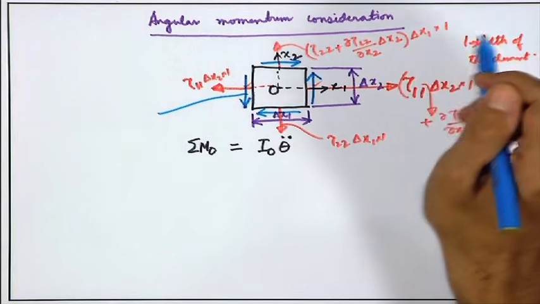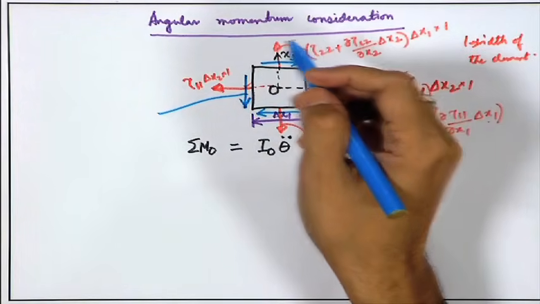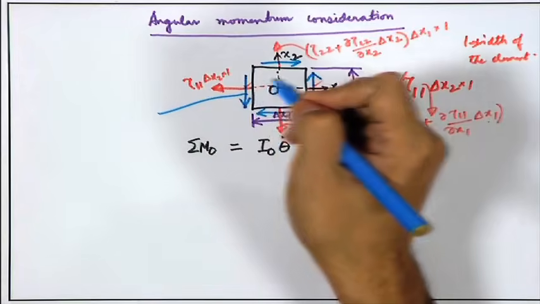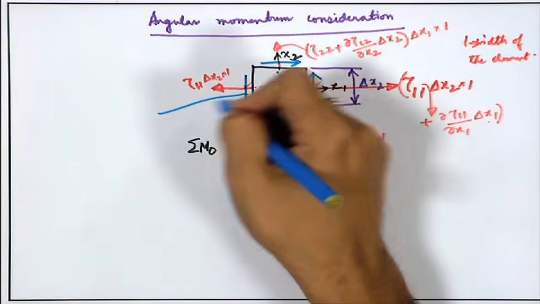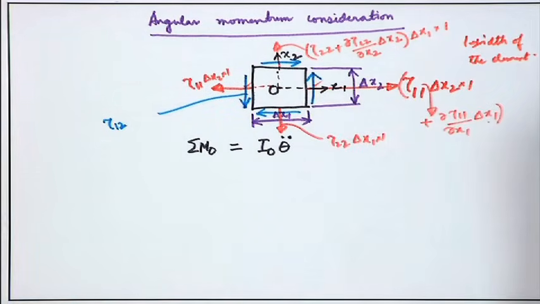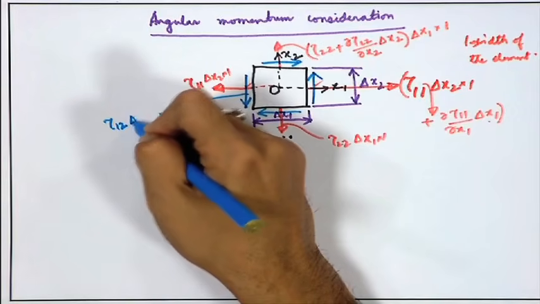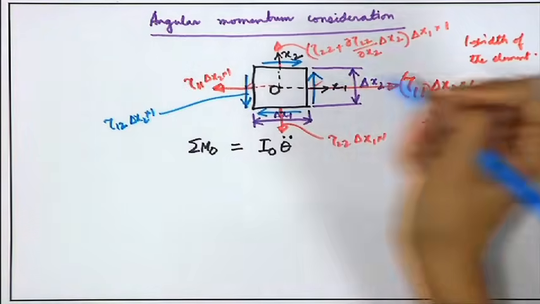This is tau 12, direction normal is 1. So, tau 12 into what? What is the area? Delta x2 into 1.